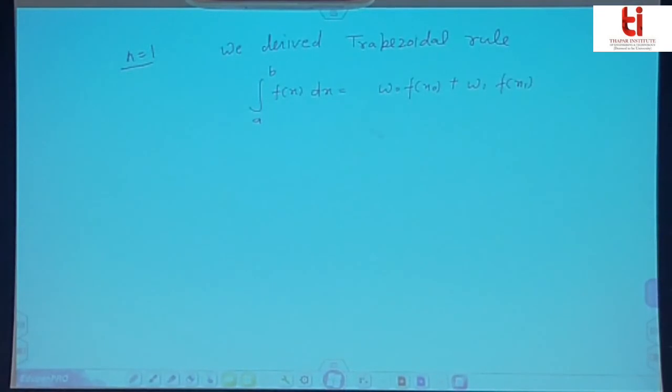We computed w0 as h/2 and w1 is also h/2, so we get the formula h/2 times f(a) plus f(b), which we derived in the previous class.